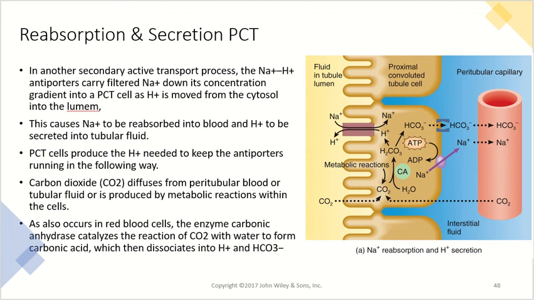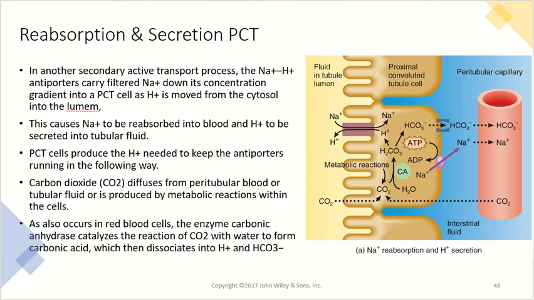fluids. The proximal convoluted tubule cells are then going to produce the hydrogen that is needed to keep those antiporters running in the following way. So CO2, carbon dioxide, is going to diffuse from the peritubular blood or from the tubular fluid, or sometimes also is going to be produced by metabolic reactions that are happening within the cell.